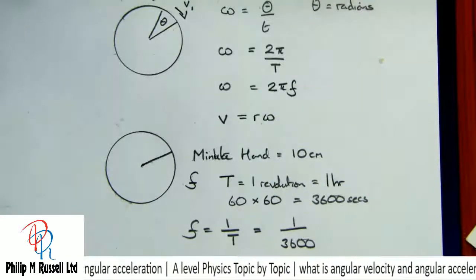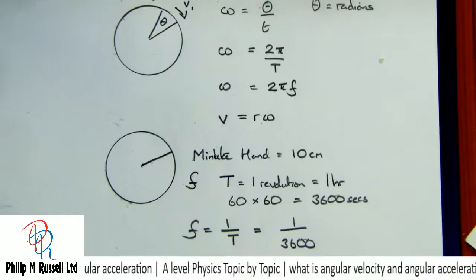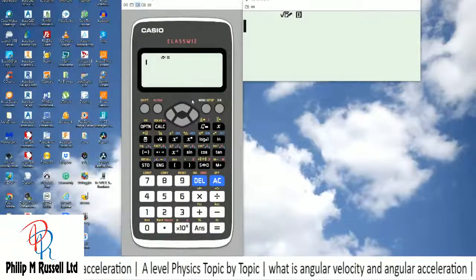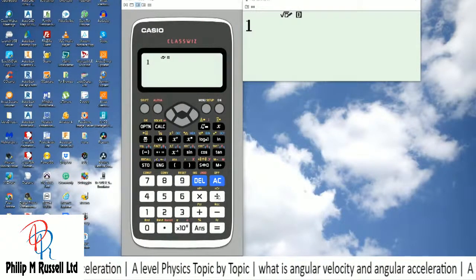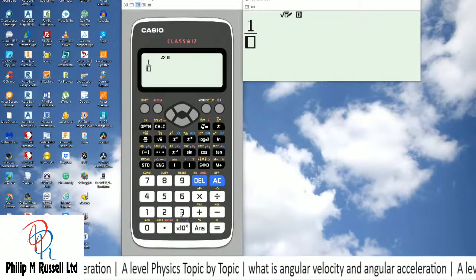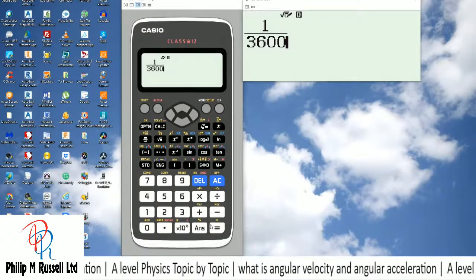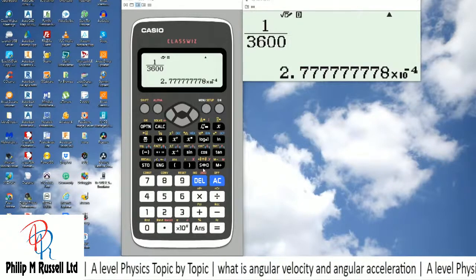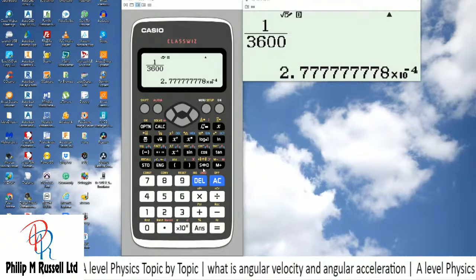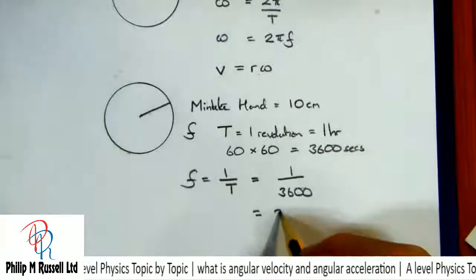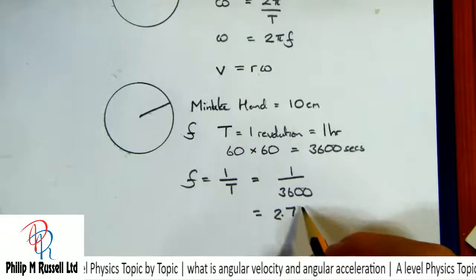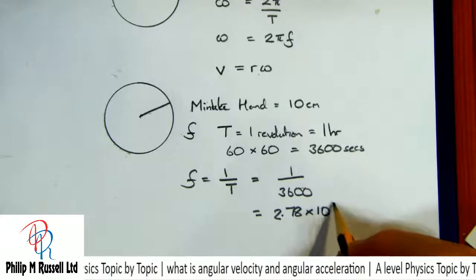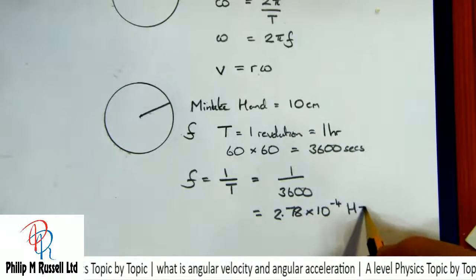To work that out all I'm going to require is my calculator, and that's going to give me, let's call it 2.78 times 10 to the minus 4 hertz.